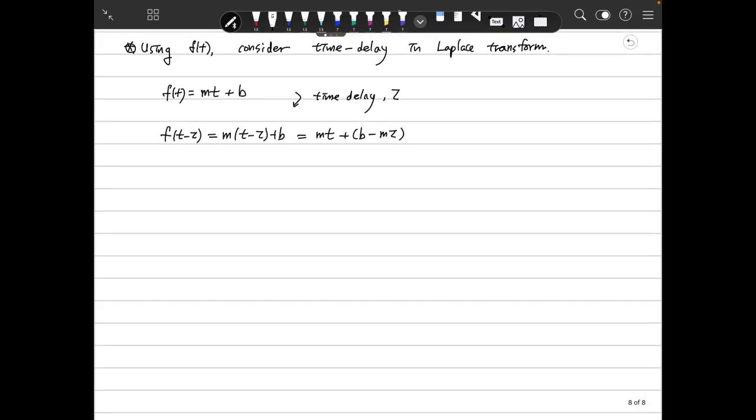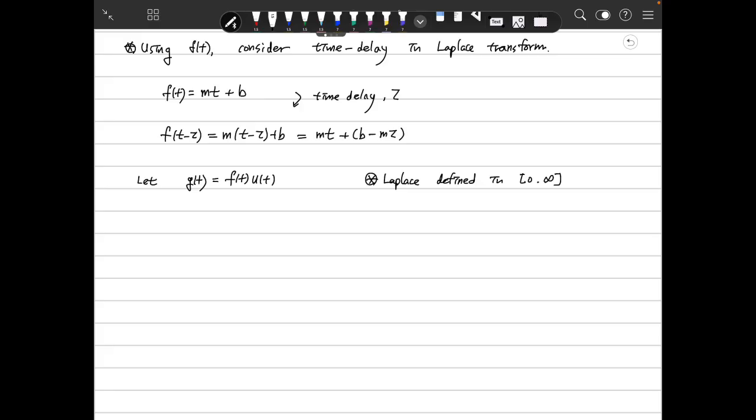So let's define g t as f t times u t. Why did we insert the u t? Because Laplace is only defined on the time span 0 to infinity. So you insert u t here.